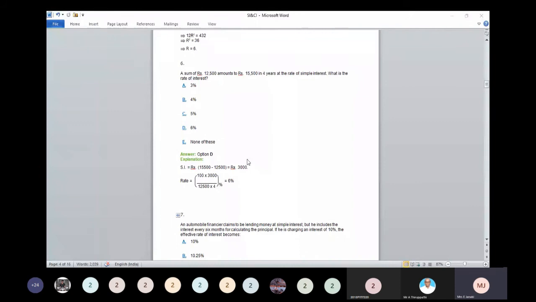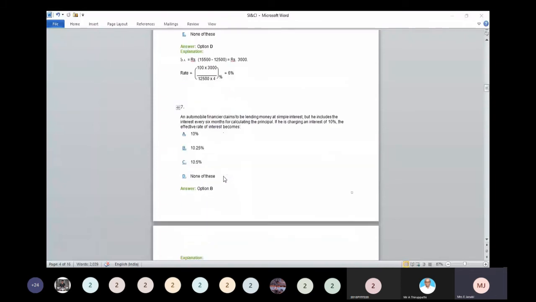So 3,000 into 100 divided by the principal amount. Initially you invest 12,500. After 4 years you are getting 15,500. So what about the interest? Subtract 15,500 minus 12,500, so you are getting 3,000 as the interest. So the answer is 6%. This is the rate of interest.